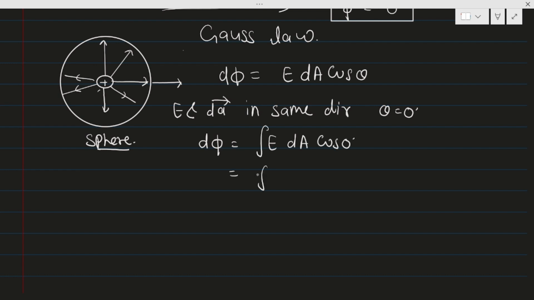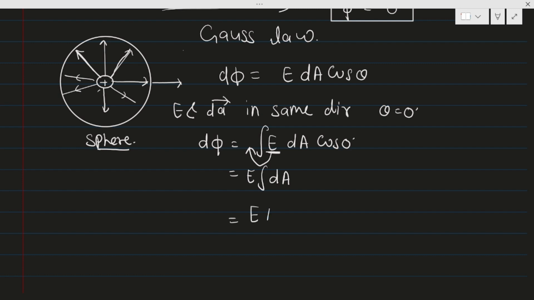The electric field is continuous here, and the lines are equally spaced. This means the charge and the surface distance is equal everywhere, so the field is not changing with distance. So E will come outside the integration, and cos 0 is 1.